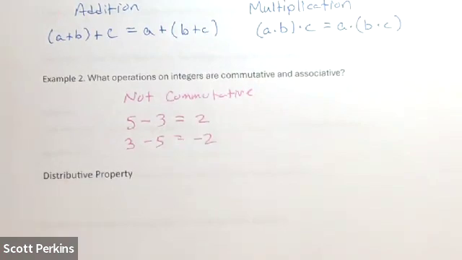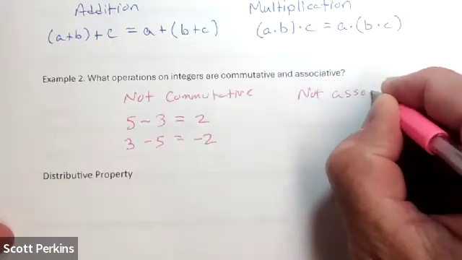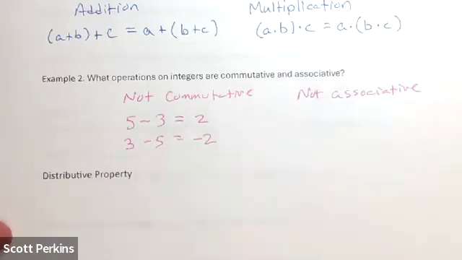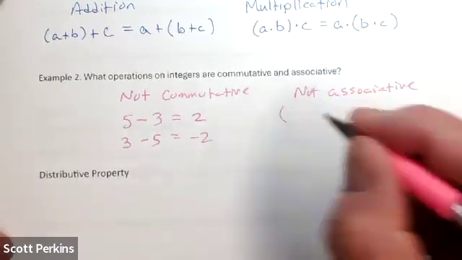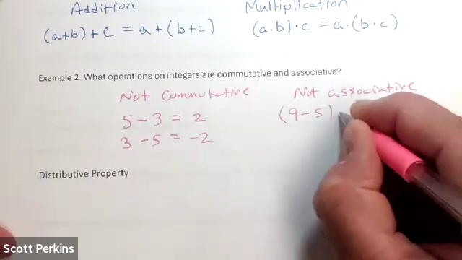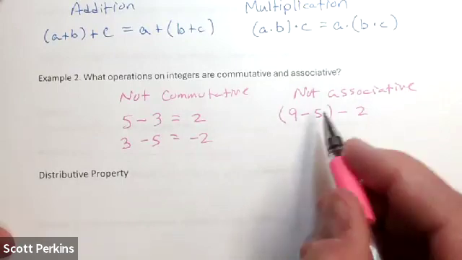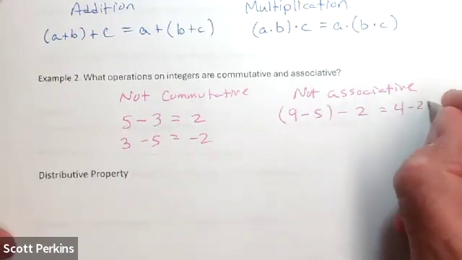And the same thing is true for grouping. It's not associative. So let's say we have 9 minus 5 and then minus 2. 9 minus 5 is 4, and 4 minus 2 is 2.